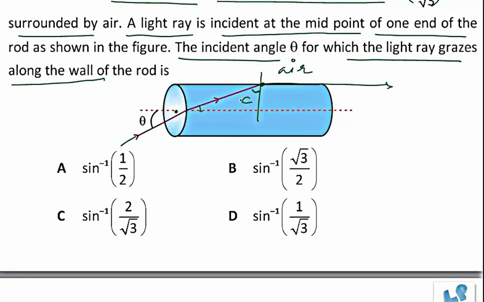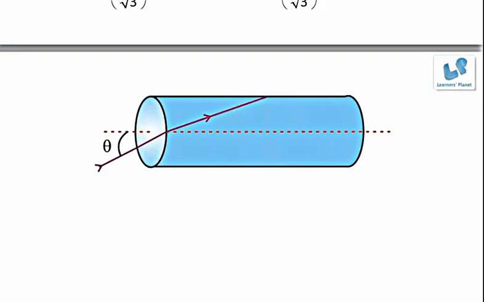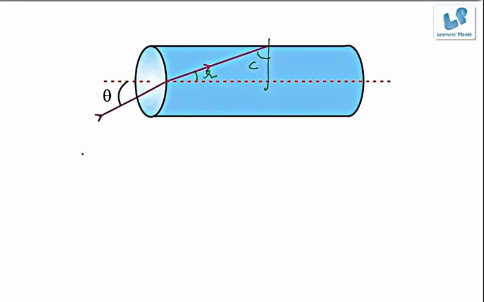Now for such a situation we have to find out what should be the angle theta at this juncture. Let us say this is theta and this is r and this is c. So first of all we will find out what is c. We know that sin c is given by 1 by mu, which in this case is 2 by root 3.